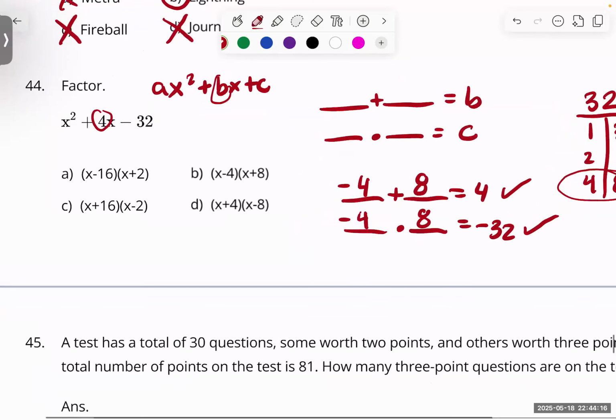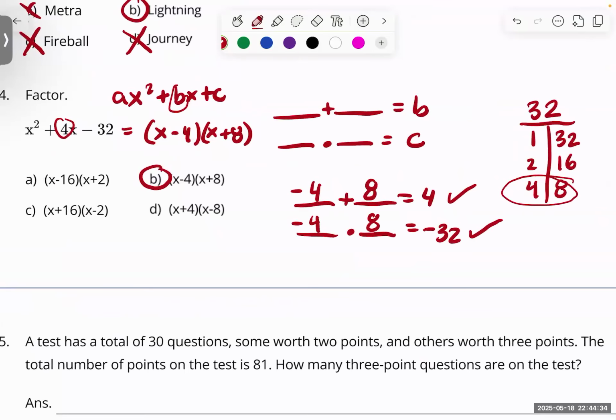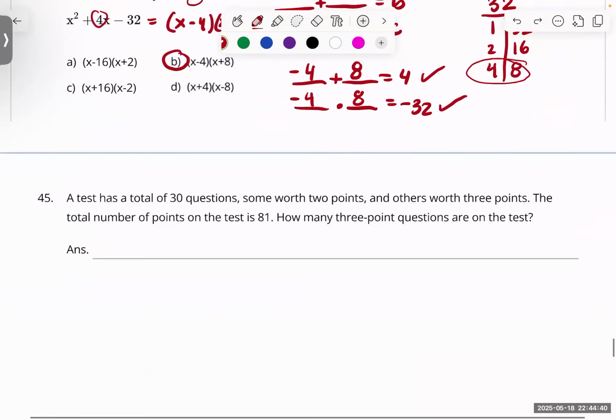So this is equal to, and all you need to do is just put in x minus 4 and x plus 8, and that matches choice B. So it's very different from the solving one. From the solving one, the answers are going to be the opposite of whatever these are, but we're not solving for anything. It's just asking us to factor.